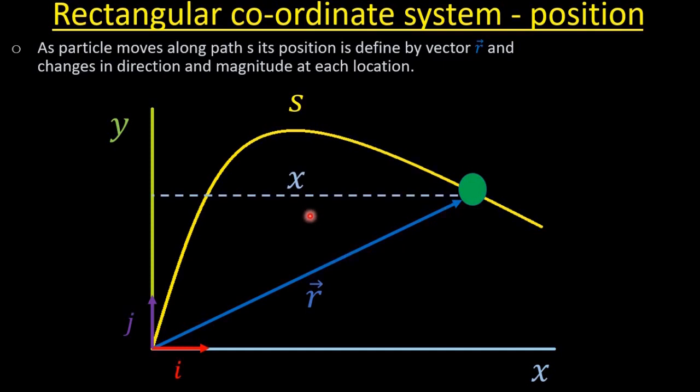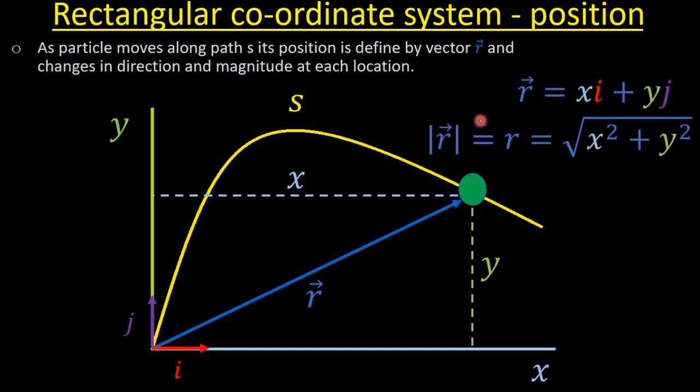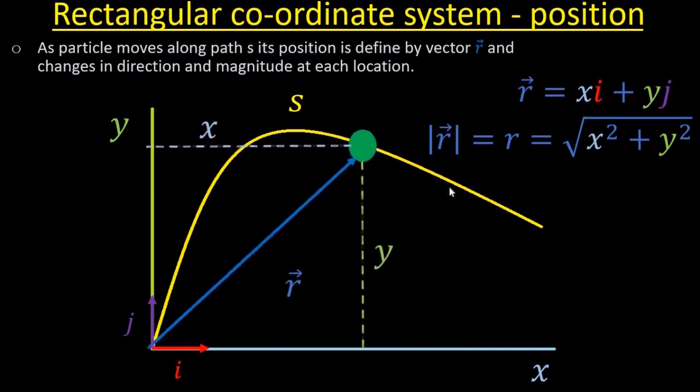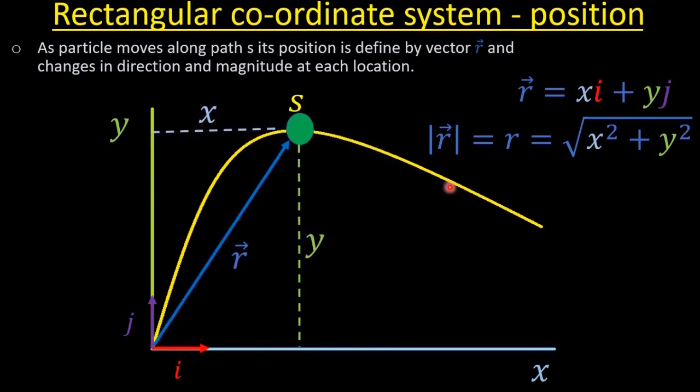So there's this x distance there and the y distance there, and the way we'd write this in vector form would be like this. r equals x times the unit vector i plus y times the j unit vector. So that's how we write that in vector form. To find the magnitude we just apply Pythagoras to that. You can see how x and y change as the particle moves along that path.